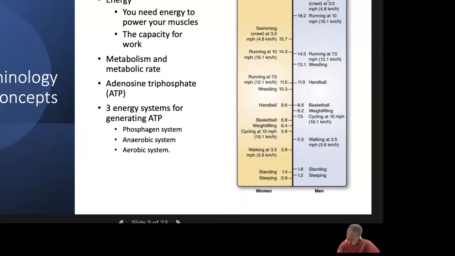Interesting chart here. Calories per minute. Which one's the highest? Highest calorie burning per minute. Can you read that? Swimming. Not usually what you think of as a high calorie burning workout. It does, it uses the whole body at the same time.